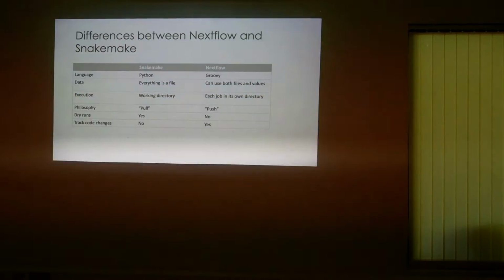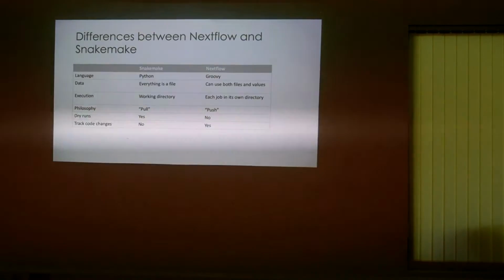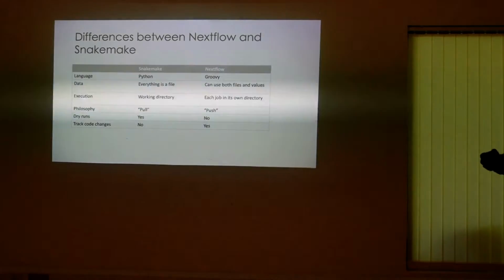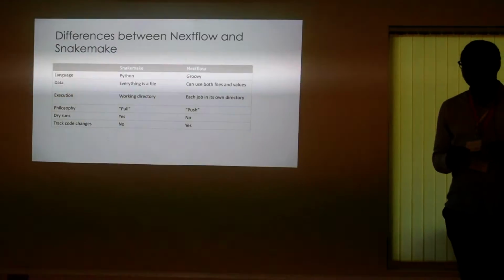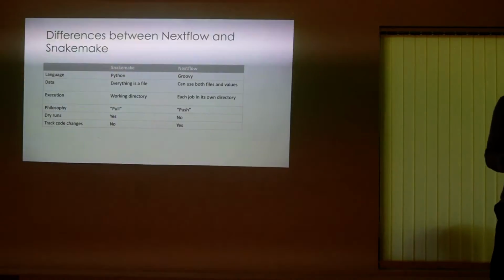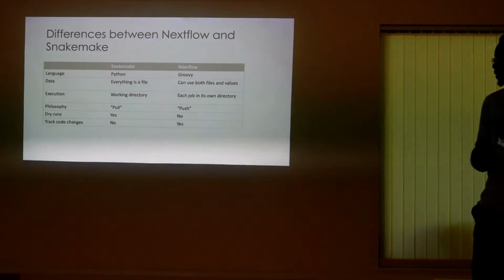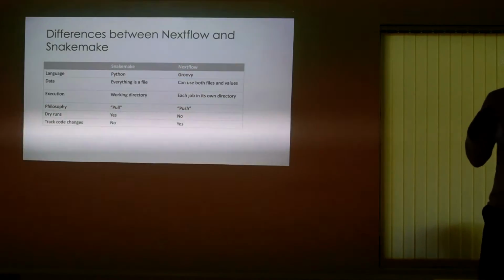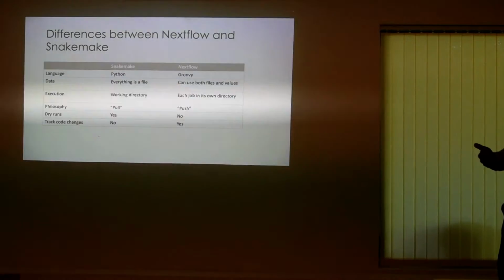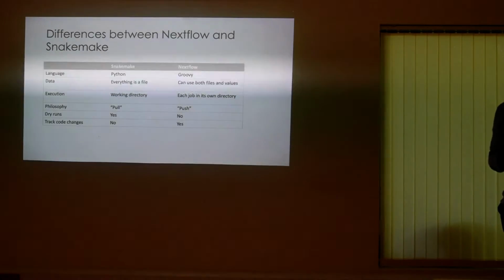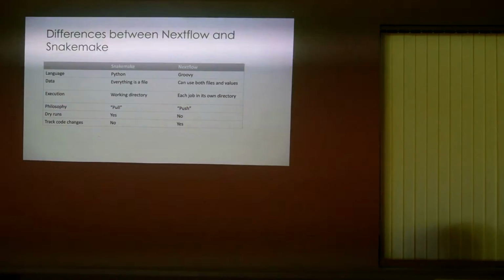However, in Nextflow, it's a push whereby you don't have to give the files their names. You just need to mention that I expect this input. So at the end, the steps are stitched in such a way that you are still able to get the outcome without having to explicitly put the output files expected for each task.